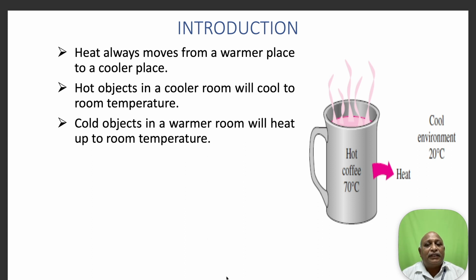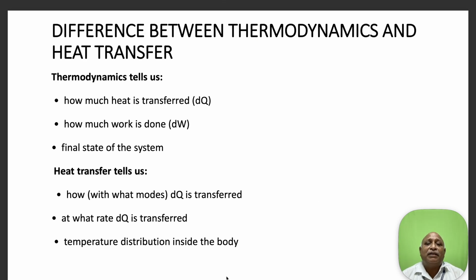Whereas if you keep a cold object in a hot room, the cold object reaches the environment temperature. When a hot object is placed in a cold room, its temperature decreases, whereas if a cold object is placed in a warmer room, it gets heated and attains the temperature of the environment.